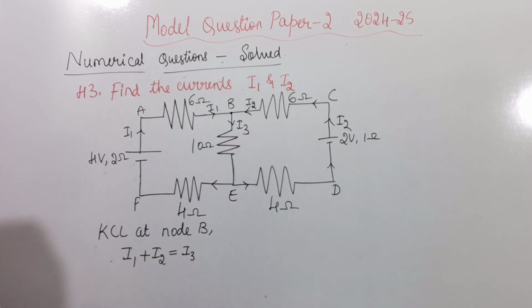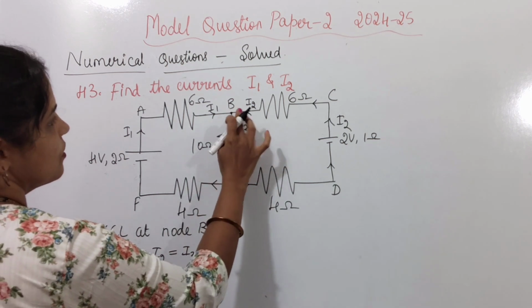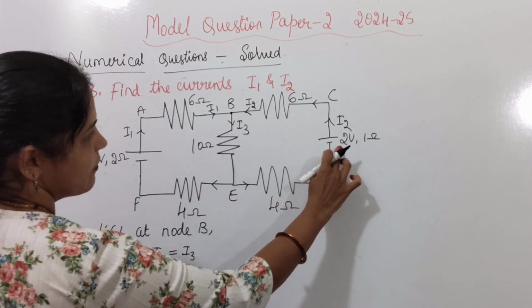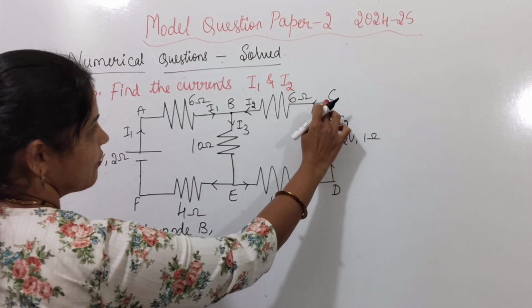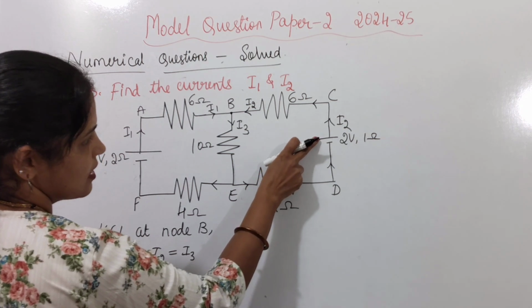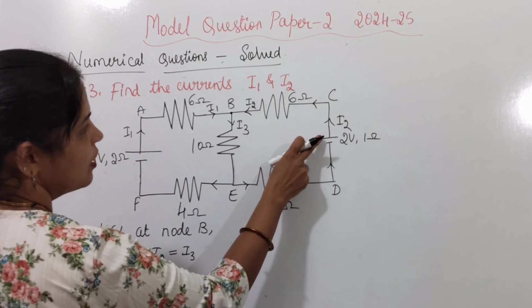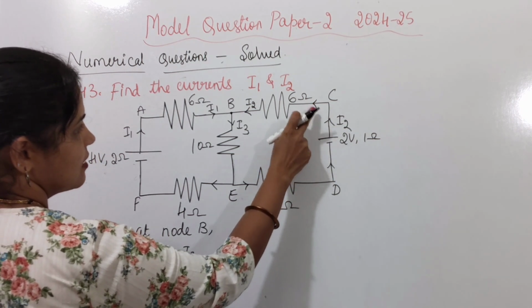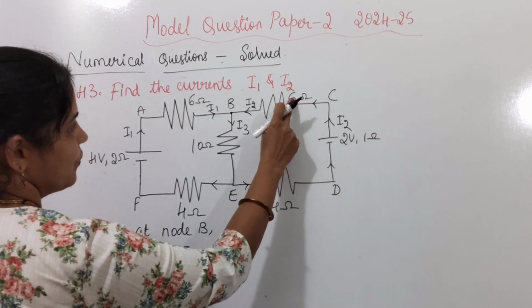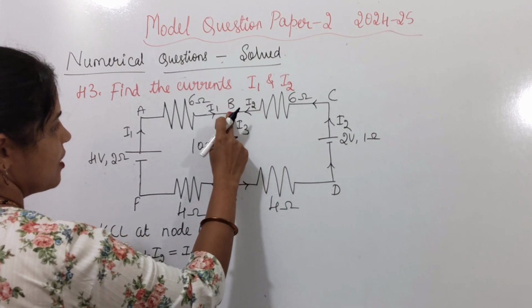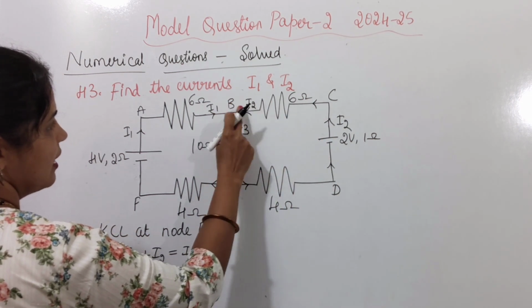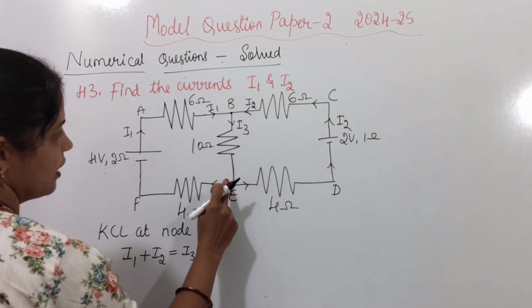I3 is leaving, right? Similarly here, from this cell, I2 amount of current is flowing. Current always starts from the positive electrode, so it starts from the positive of the cell and moves like this. As it comes here at node B, I1 and I2 together, which is I3, is flowing.